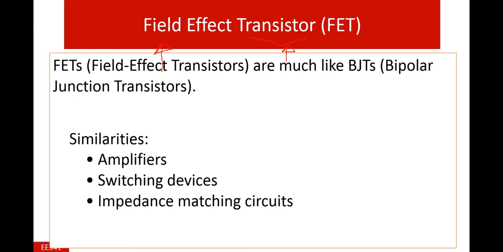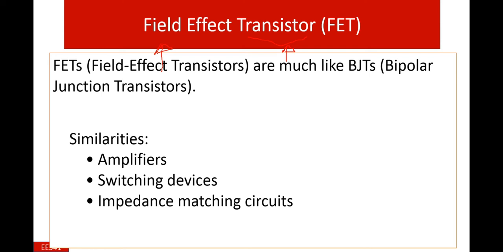Actually, the transistor is an alternative to many high energy consumption devices, and FET and BJT are the alternatives. Both transistors are variable resistances. There is a variation in resistance.